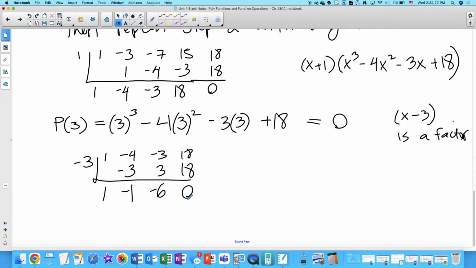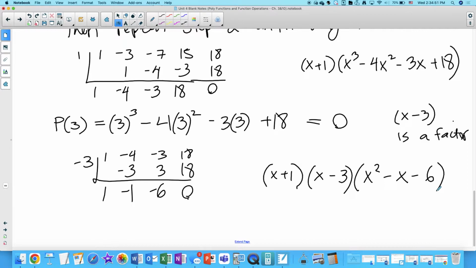Okay? So at this point, we have that original factor from step 1. We have this second factor from the second time we did the factor theorem and synthetic division. And now we have this left, and that is a quadratic, x squared minus x minus 6. At this stage, you can factor that quadratic directly, if it's factorable.